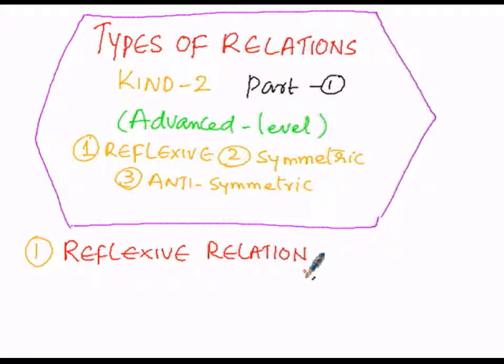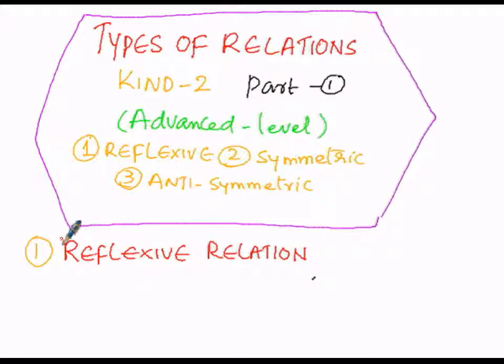So in this relation, a relation, when we suppose it as R, is said to be a reflexive relation when we assume an element, say small a, which belongs to the set A, then a comma a must also belong to that relation.